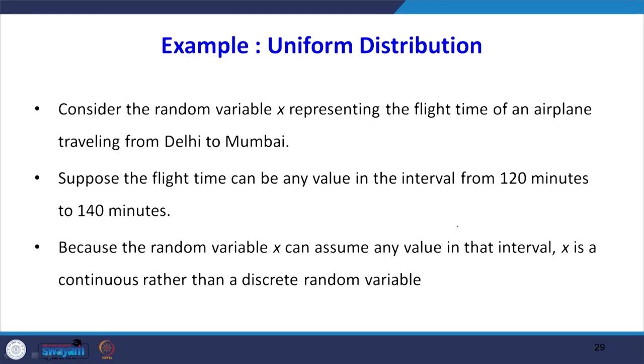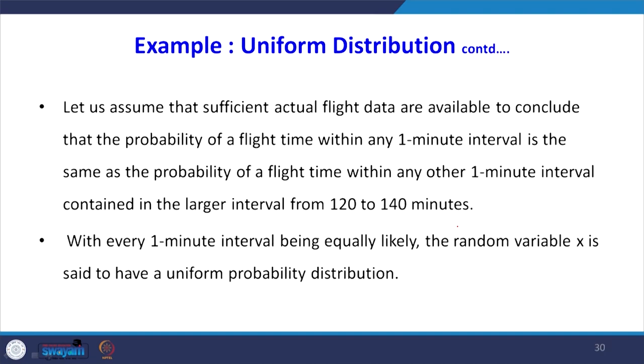Consider a random variable x representing the flight time of an airplane travelling from Delhi to Mumbai. Suppose the flight time can be any value in the interval between 120 to 140 minutes. Because the random variable x can assume any value in the interval, x is a continuous rather than a discrete random variable.